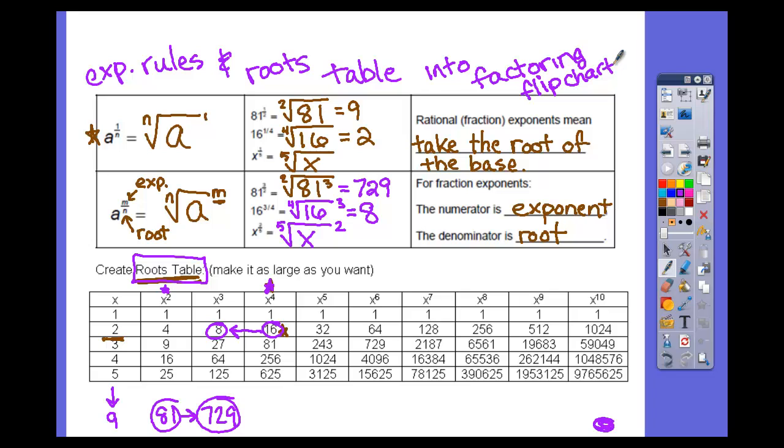Okay, remember, you can use your factoring flip chart on any test, so this would be a great tool for you to have as you come up on tests.